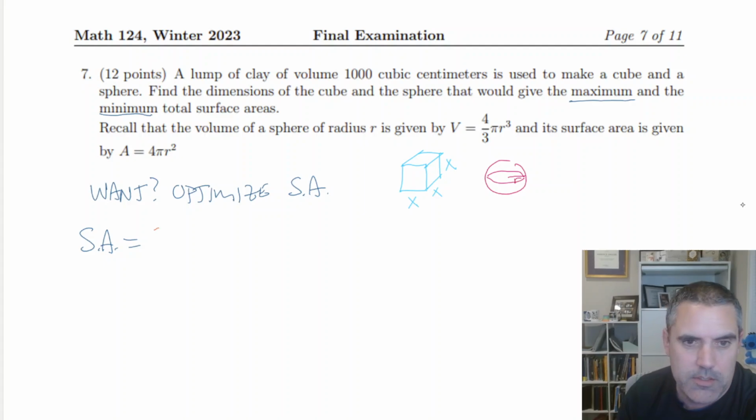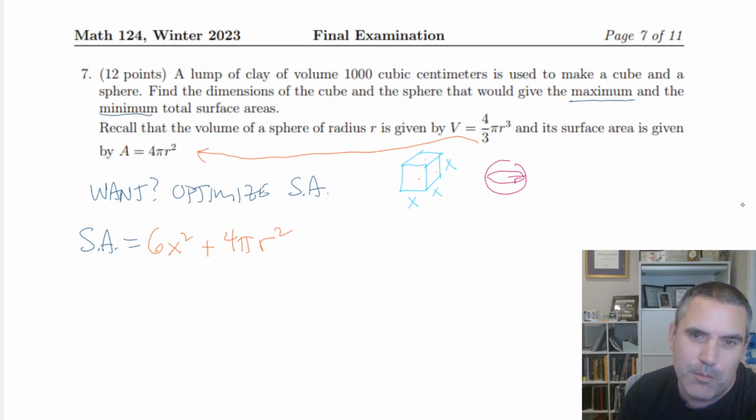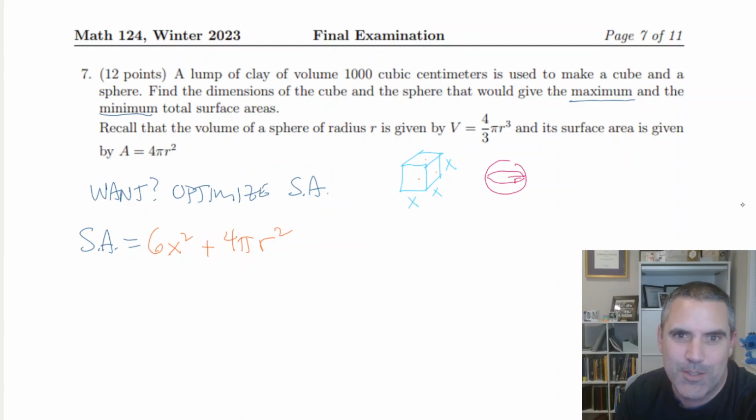Each one has area x squared. 1, 2, you know that from a dice. The surface area of the sphere, 4 pi r squared. A cool thing about the sphere is if you take the derivative of the volume formula, you get the surface area formula. That's a story for another day.